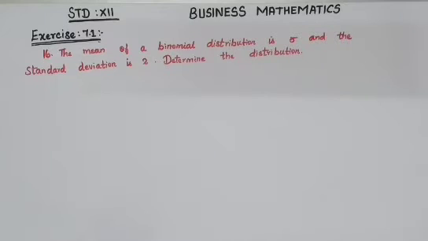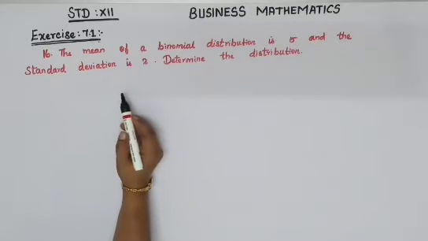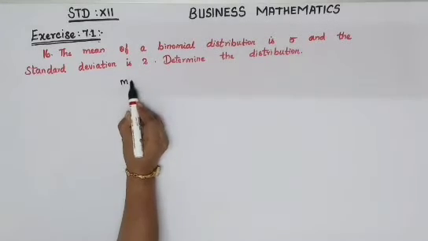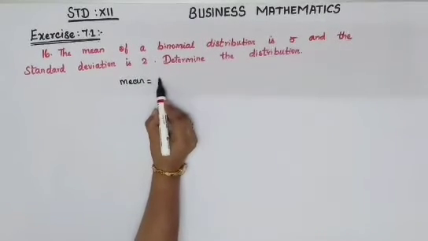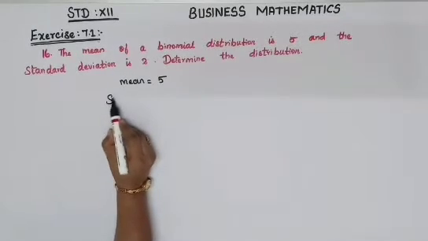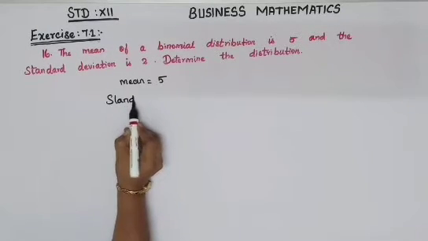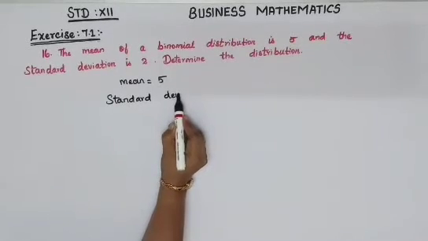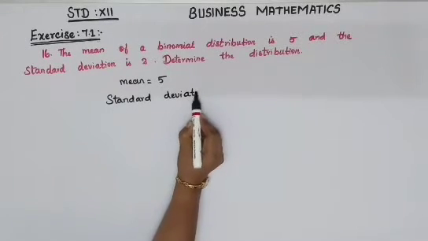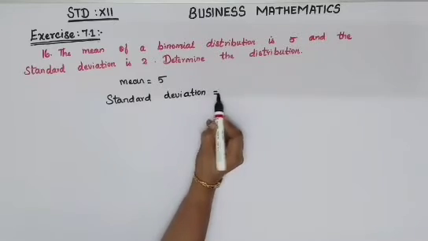16th question: the mean of a binomial distribution is 5 and the standard deviation is 2. Determine the distribution. So they have given you the mean, mean is equal to 5, and the standard deviation is equal to 2.